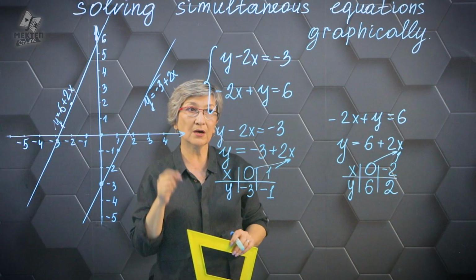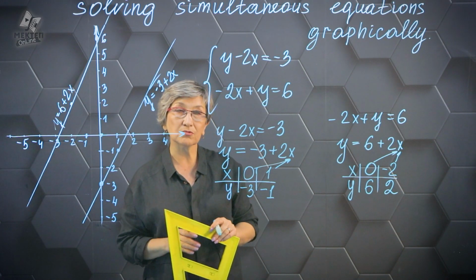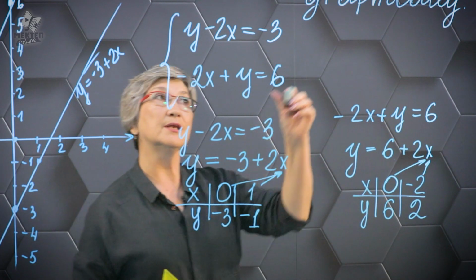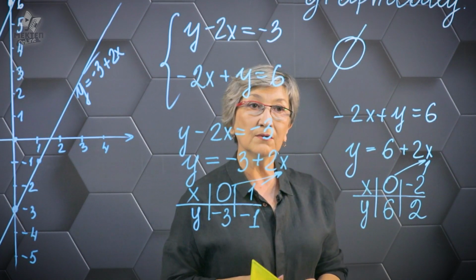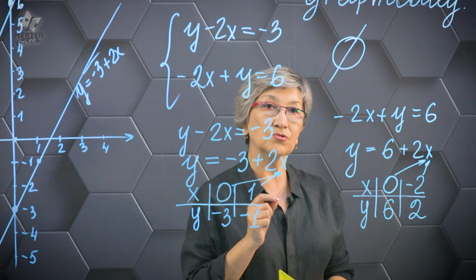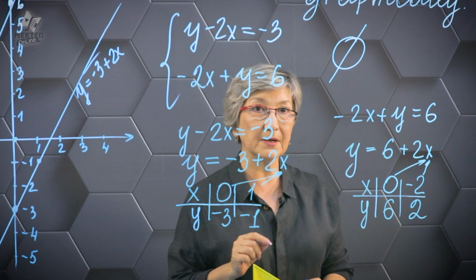I maintain that these function graphs will never cross. Hence, this system of equations has no solutions. You will not find the point that is the intersection of these lines.